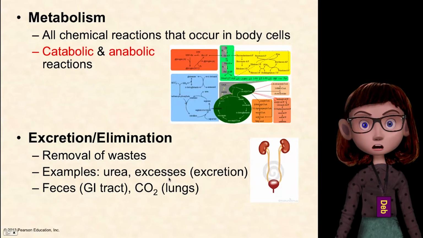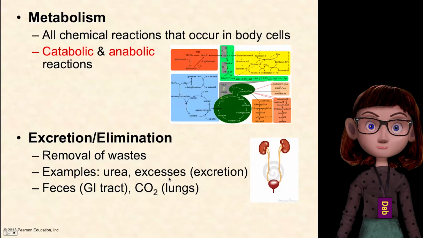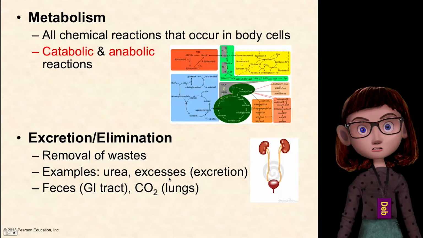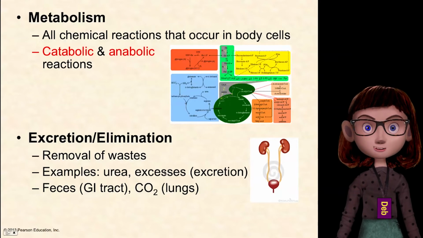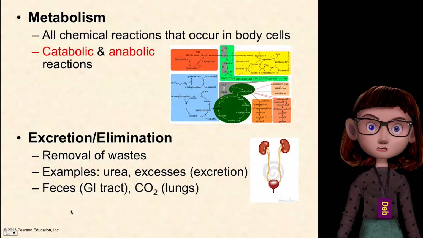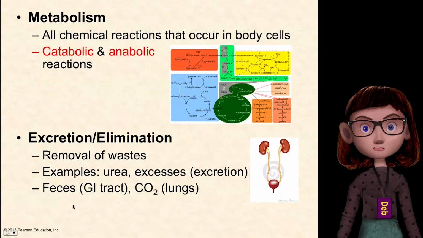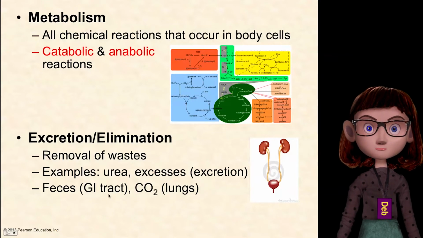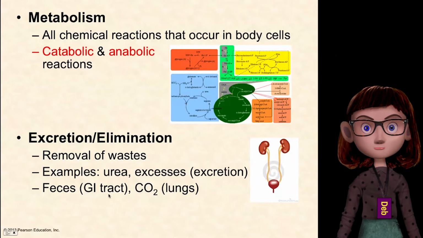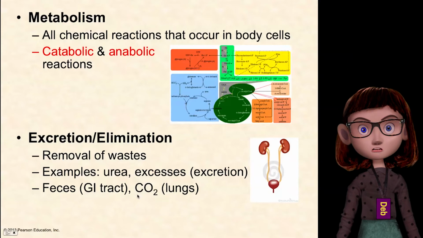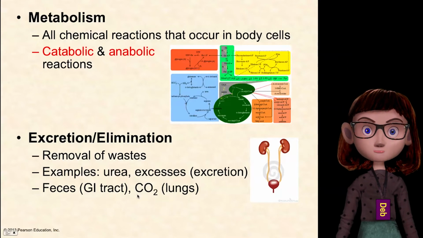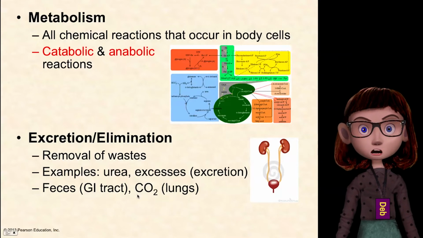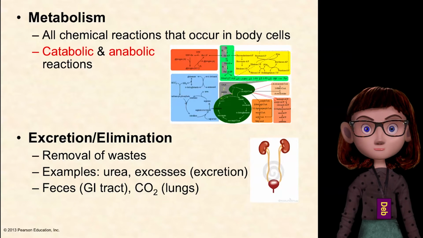We also excrete any excesses of water and electrolytes. Elimination is usually reserved for the process in the gastrointestinal tract where you eliminate material in the feces. We also can use elimination for ridding the body of carbon dioxide, and that is achieved through your lungs.